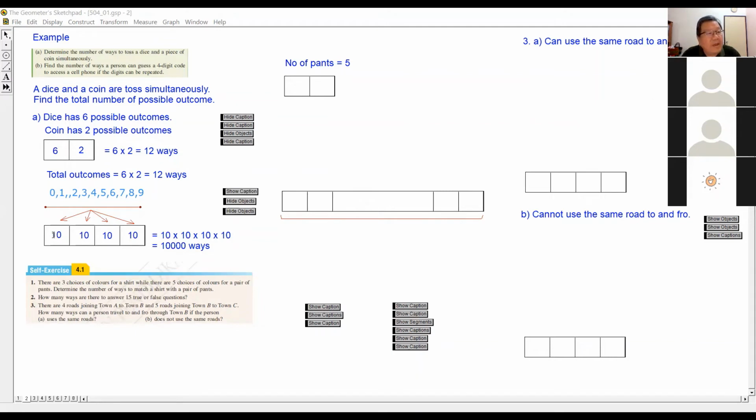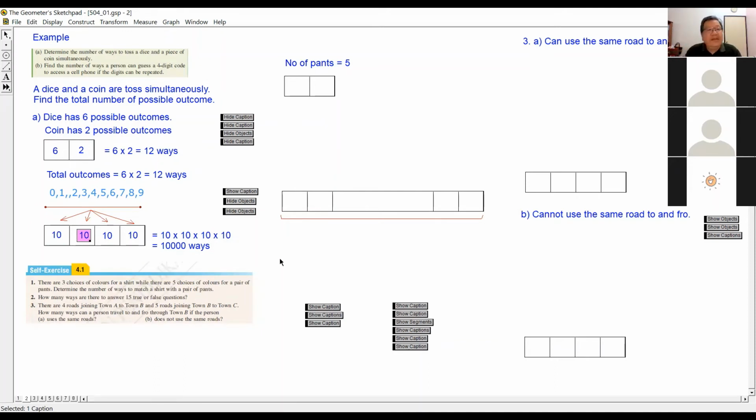Now the number 10 here is not the actual number that you are going to put in. The number 10 here is the number of ways in which you can fill up this box. Again, the number 10 here doesn't mean that I take this number 10 and put inside.